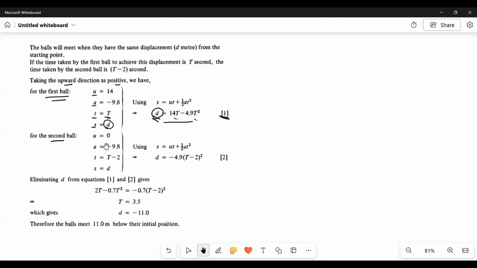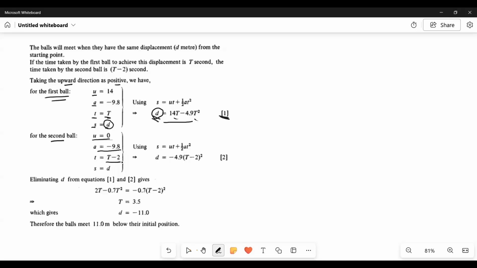This ball was dropped. Remember, we use the word drop, meaning initially you didn't give it a velocity. You had it in your hand and you just let it go. So the initial velocity is 0, right? Again, we are treating downward as negative, upward as positive, so A is going to be negative 9.8.